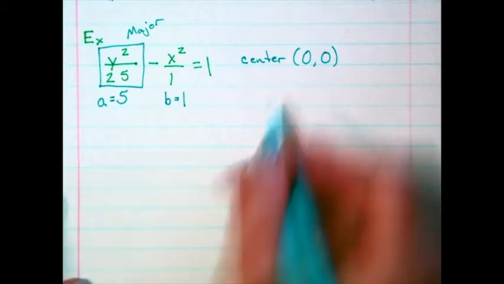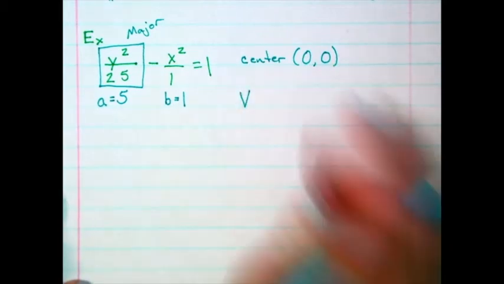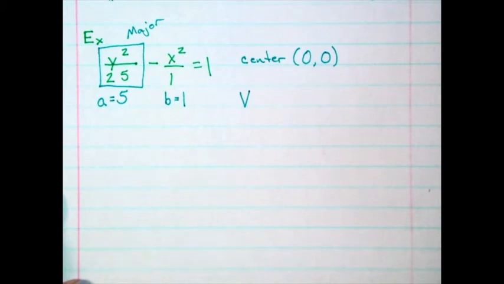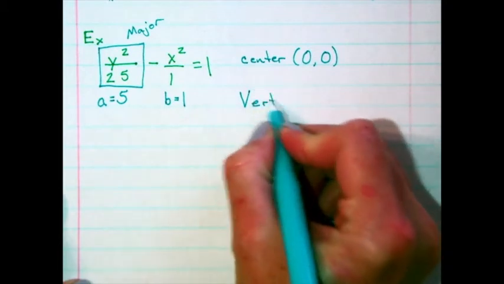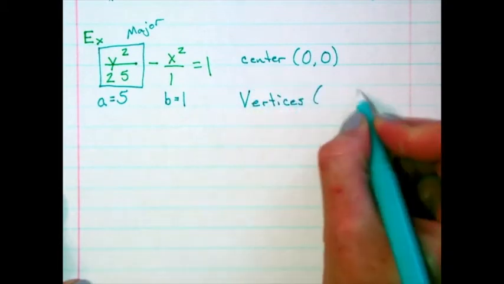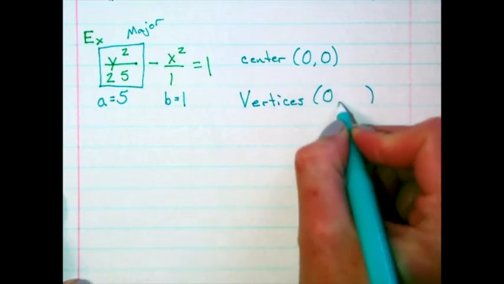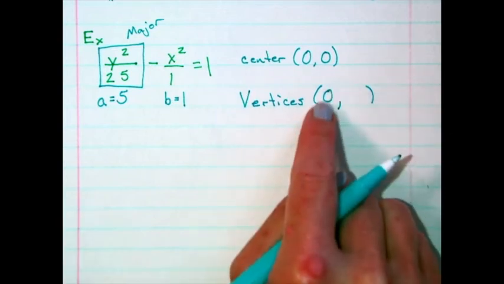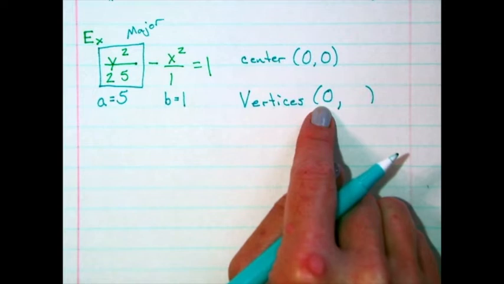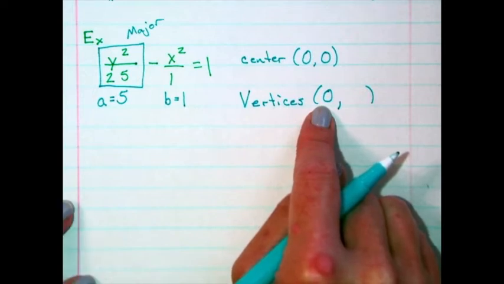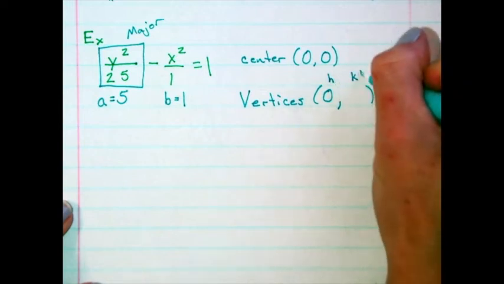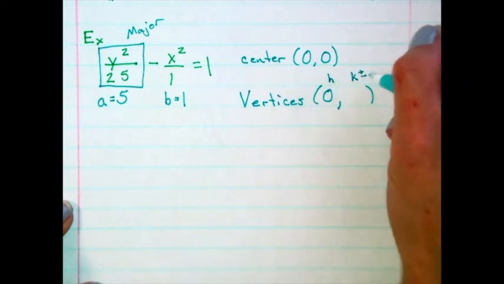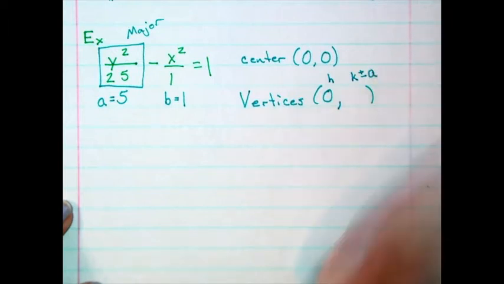So we need to find our vertices. We need to find out where the bottom and the top of those basically parabolas are. So vertices, they always have the same x coordinate, h, and then the y coordinate is always going to be k plus or minus a.